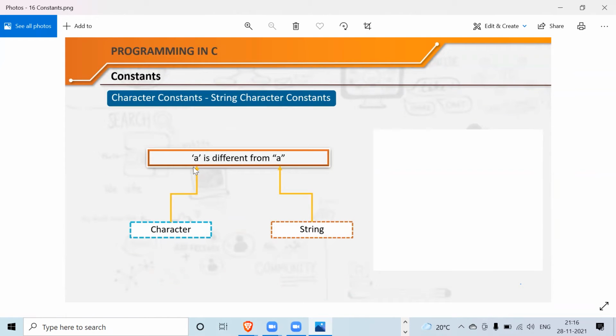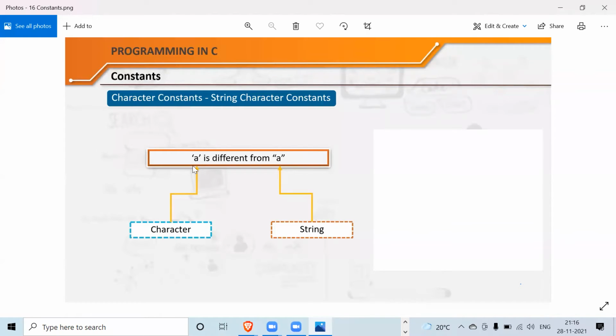Now see, both have A, and this also has A, but both of them are different. This is of single character type, and this is of string type, because once it's a string, it gets bigger space in memory, since the computer knows the user is trying to write a string of characters and needs more space.